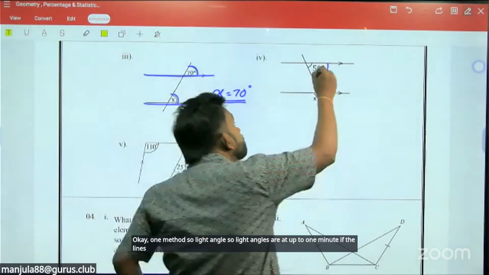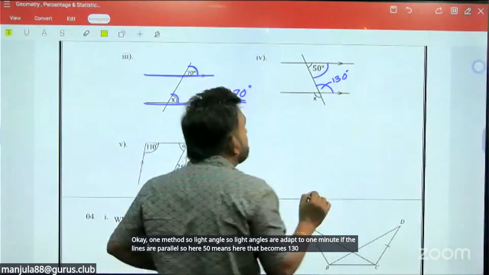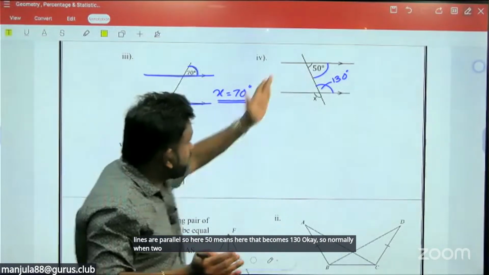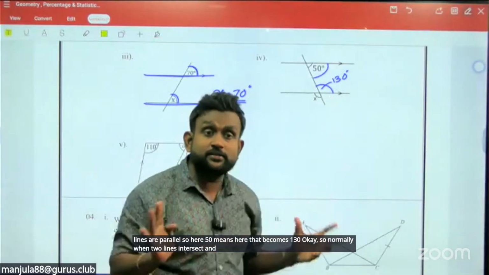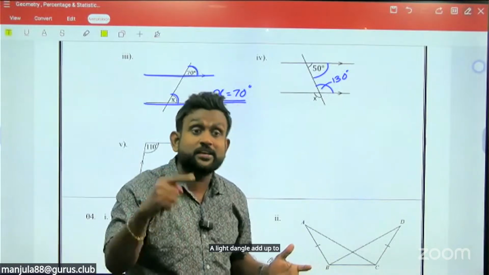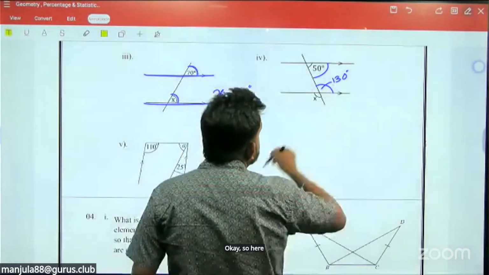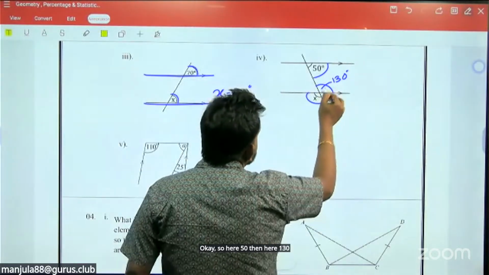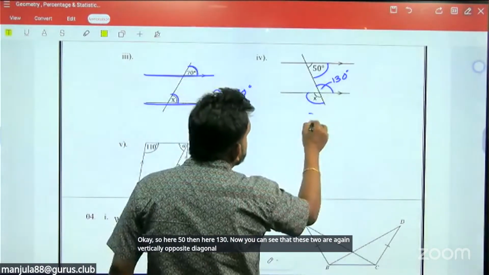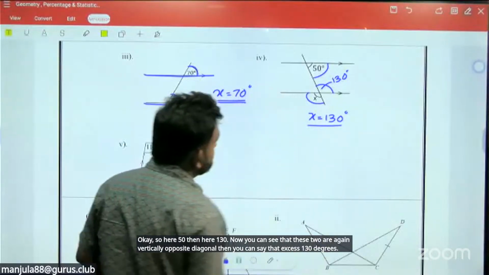So here 50 means here that becomes 130. Normally when two lines are intersected by a transversal they are allied angles, but allied angles add up to 180 only if the lines are parallel. Okay, so here 50, then here 130. Now you can see that these two are again vertically opposite angles. Then you can say that x is 130 degrees. Okay, fine. So that is one method.